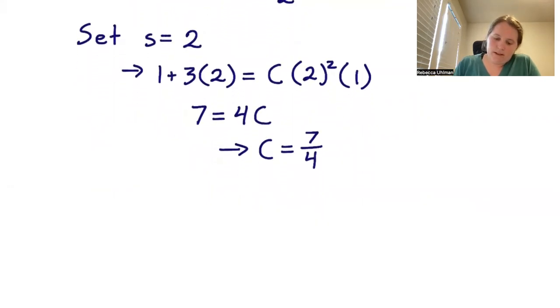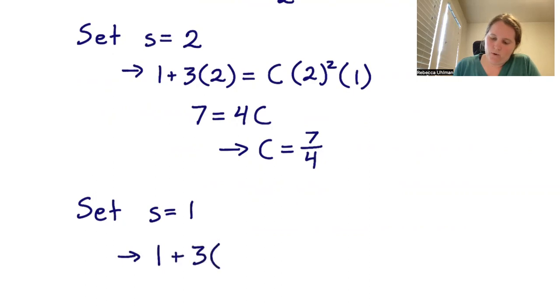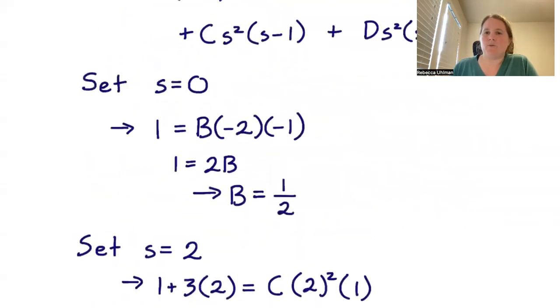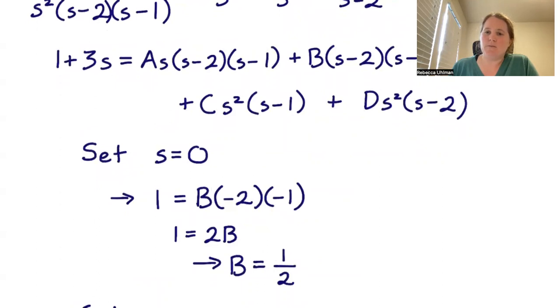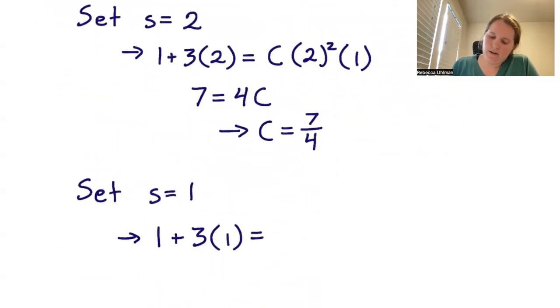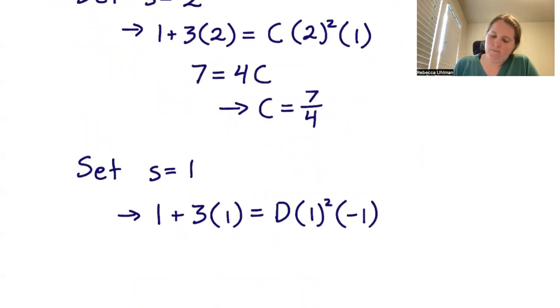If we set s equal to 1, we are looking at 1 plus 3 times 1 is equal to, the only term without an s minus 1 is that last one. So we have d times s squared times (s minus 2). So d times 1 squared times (1 minus 2) is -1.